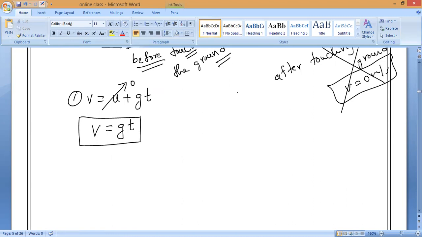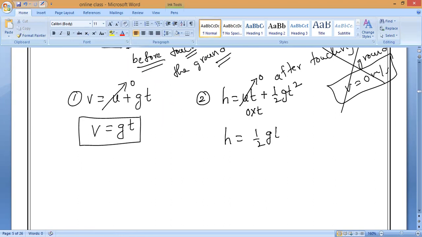Now second equation, tell me. You should communicate, guys. h equals ut plus half gt square. If initial velocity u is 0, anything into 0 is 0. So h equals half gt square.